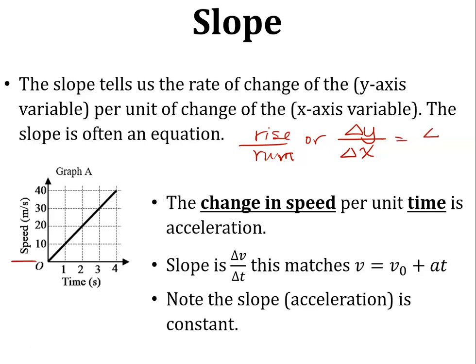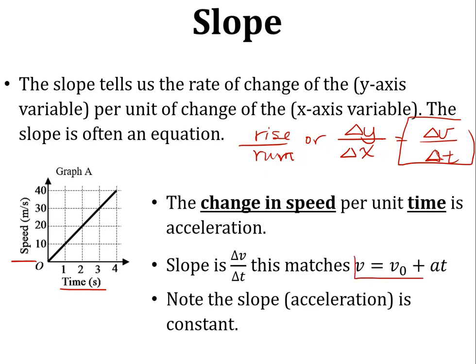So that would be change in velocity over my x variable, the change in time. So this is the base of the equation that I could use to find the slope of this graph. And what I need to do is match that to one of my equations. I need to see if there's any equation that I could turn into change in velocity over time, because that will tell me what the slope is equal to.